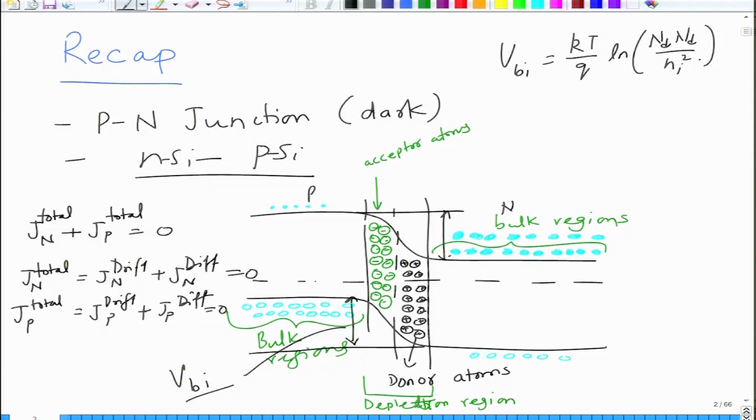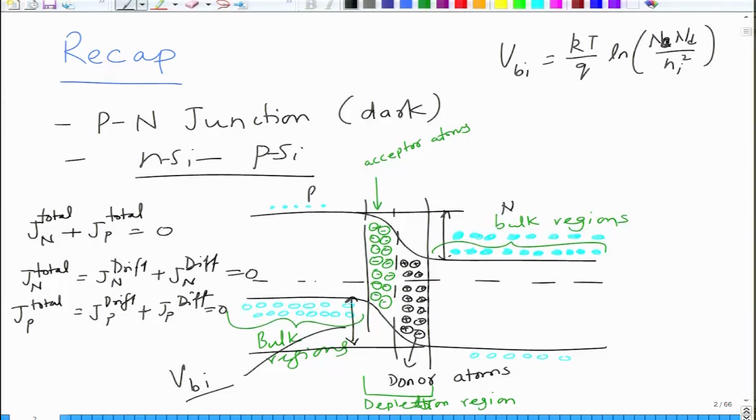So, basically the built-in field increases as you increase the acceptor and donor dopant concentration in the semiconductors. This is what we did last time.